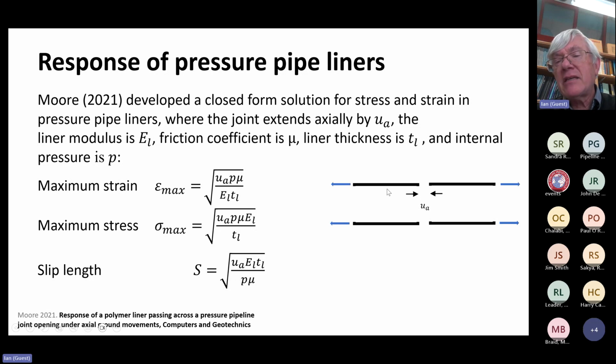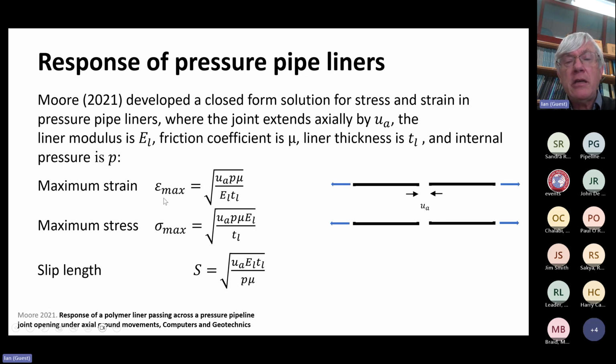But imagine that there's a liner inside here, under the action of internal pressure that's holding that liner in contact with the host pipe, and we're imposing this axial extension. It's in fact possible to develop a closed form solution. Again, here is the citation to that publication, which is in Computers and Geotechnics.